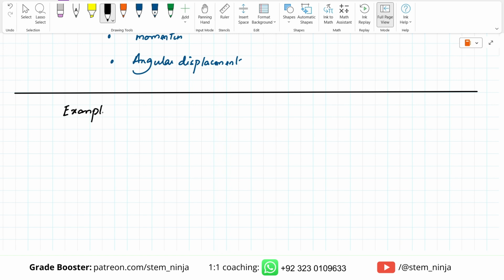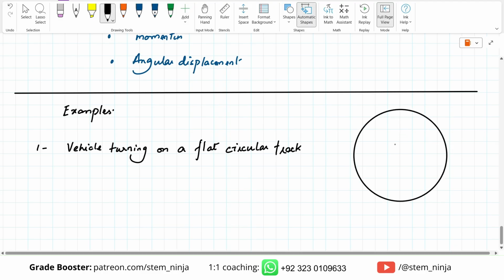The easiest one is the vehicle turning on a circular track, on a flat circular track. So what that means is you have a circle and you have another circle.